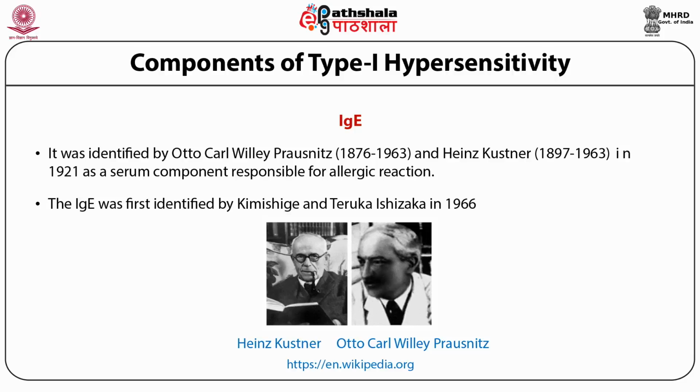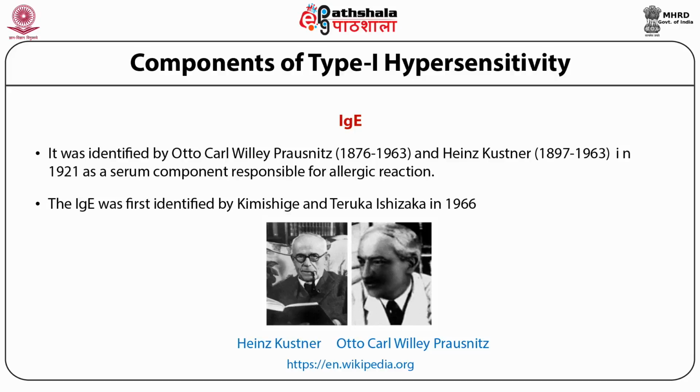This way, each of the known anti-isotype antibodies was precipitated and removed from the rabbit antisera. The remaining serum still had an antibody which could block the PK reaction, and this new class of antibody was named IgE.